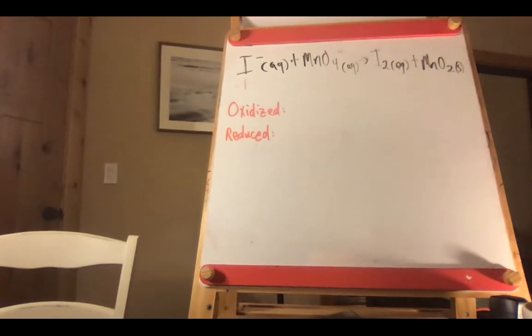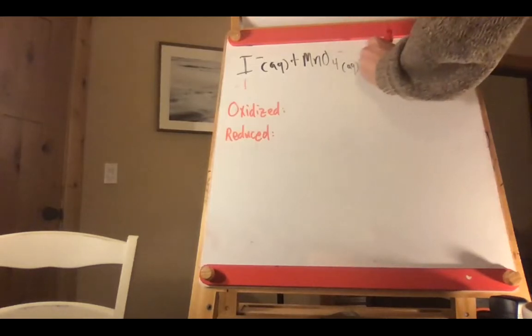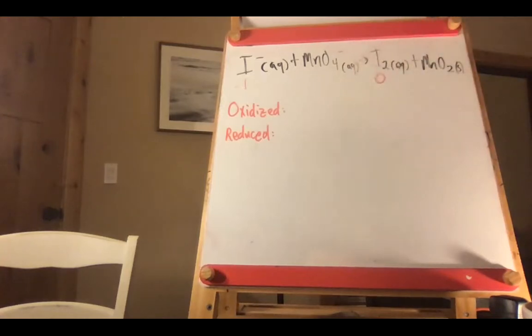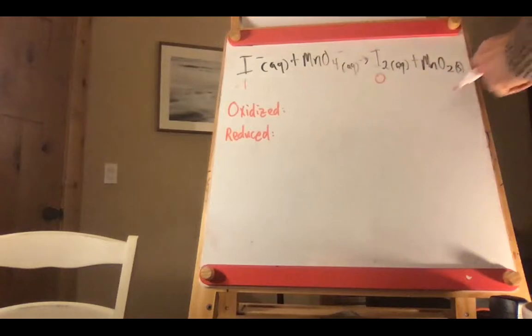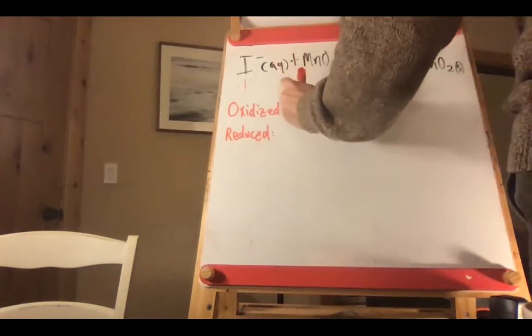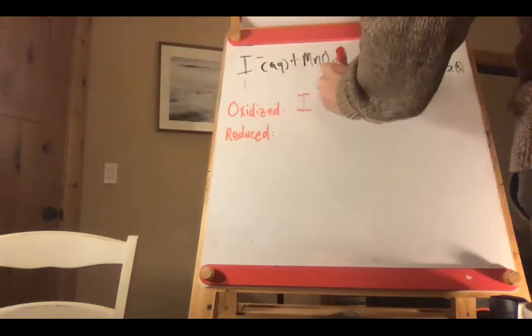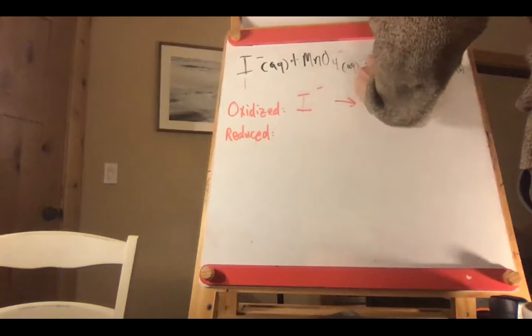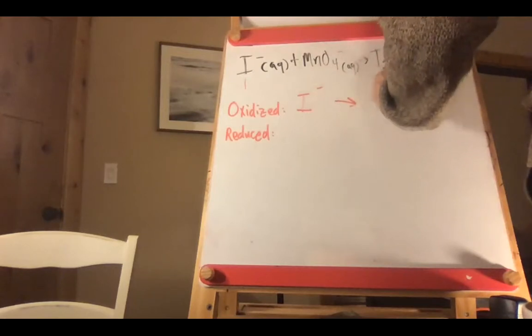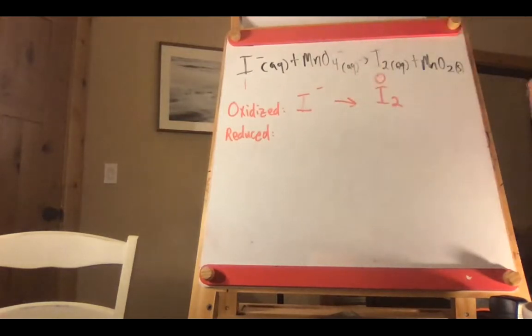So that's essentially thinking of iodine in its elemental form, and things in their elemental form have no charge, or no oxidation state. And so essentially you're going from a -1 to a 0. So that is going to be oxidized, right? So we can write I negative going to I2.